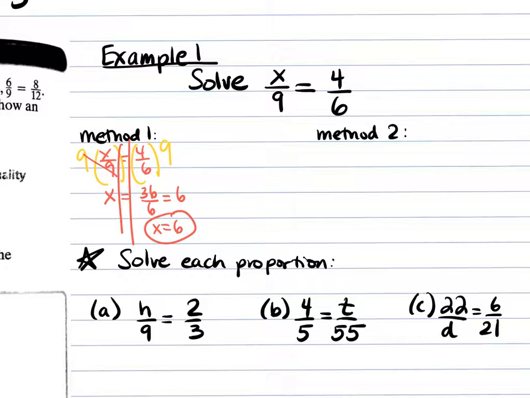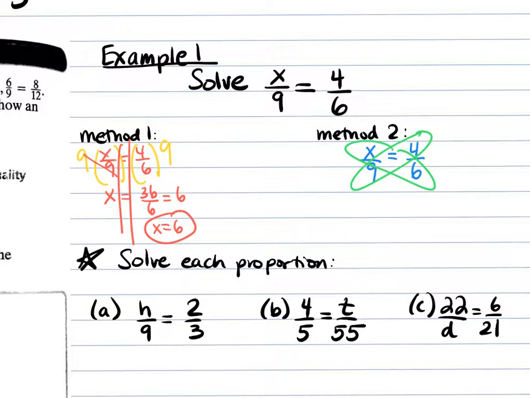The second method we're going to show is using the cross product. I find that most people like this method better because you can do the fun butterfly thing. It's an extra step, but it's a little bit easier to follow.